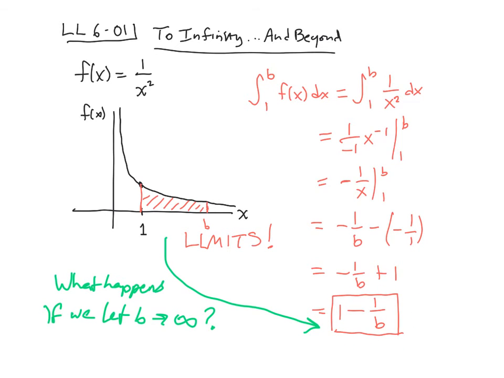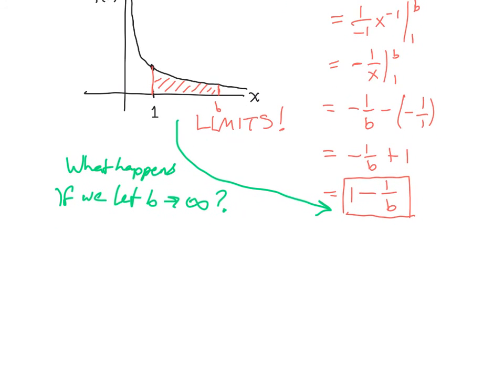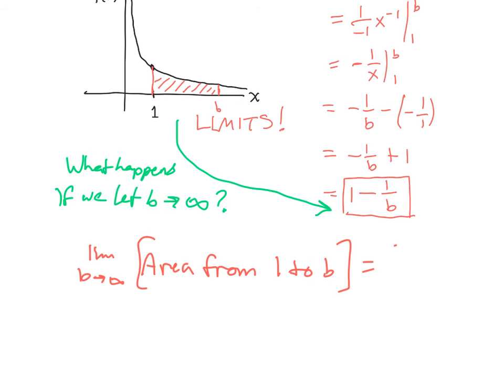So if we take the limit as b goes to infinity of the area from 1 to b, then we get the limit as b goes to infinity of 1 minus 1 over b.